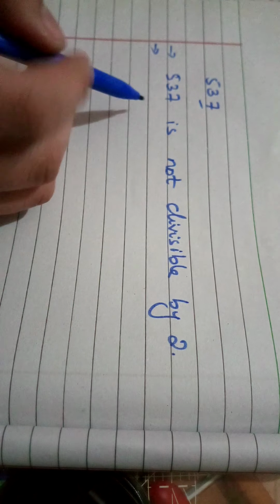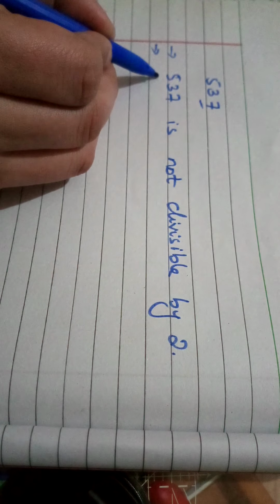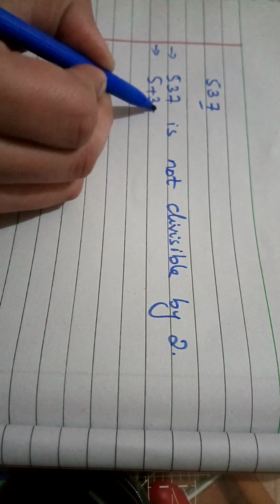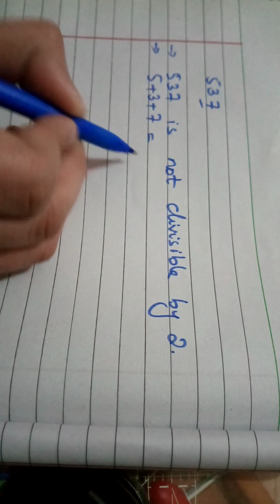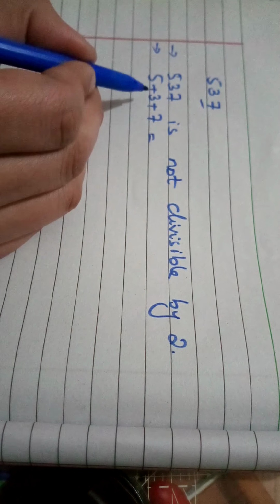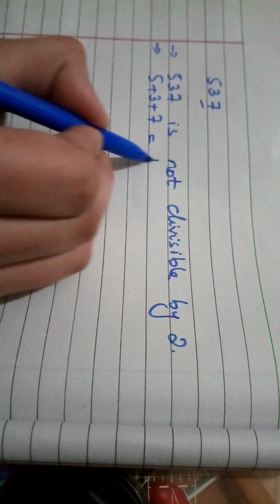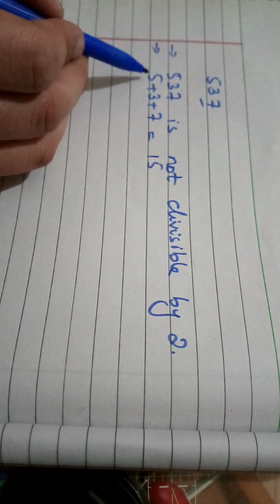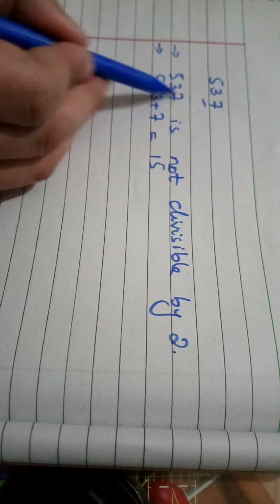So what is the next number? Just take the sum of the digits of this number: 5 plus 3 plus 7. What is the sum? 15. Okay, by adding 5, 3, 7, we get 15. Just add all the digits of this number.